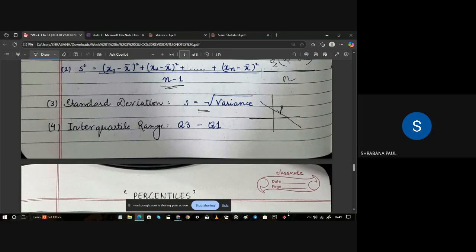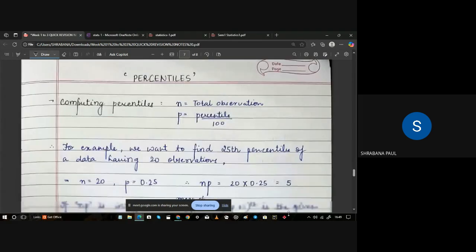Now quartile, before jumping into interquartile range, you have to know percentile.